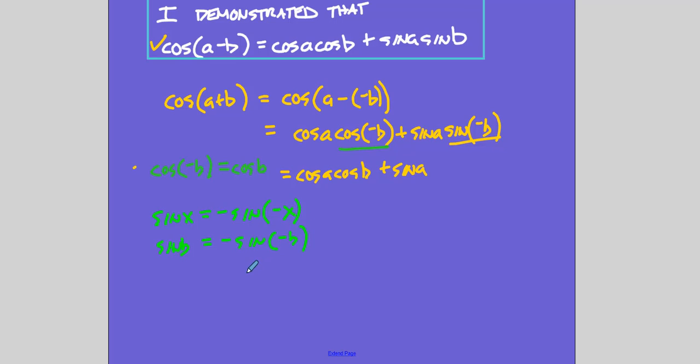If I divide everything by negative 1 on both sides, I get negative sine b is sine of negative b. So I can replace sine of negative b with negative sine b, and that's what I'm going to do over here. So this is negative sine of b.